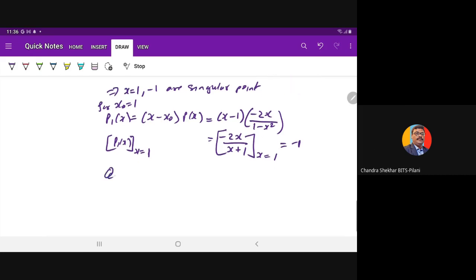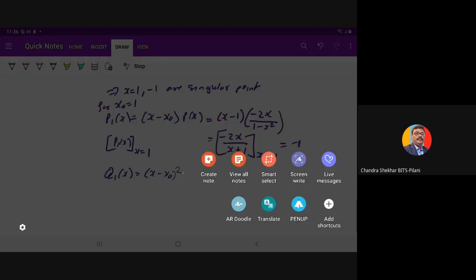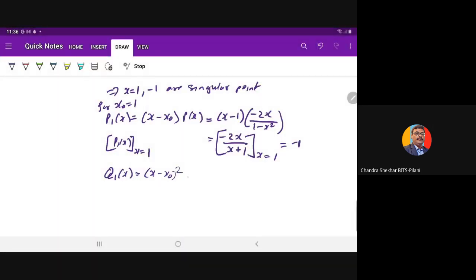Similarly, if you compute Q1(x) = (x - x0)^2 Q(x), that is (x - 1)^2 times p(p + 1)/(1 - x^2).